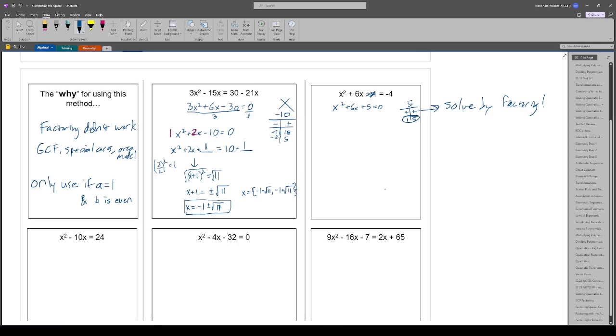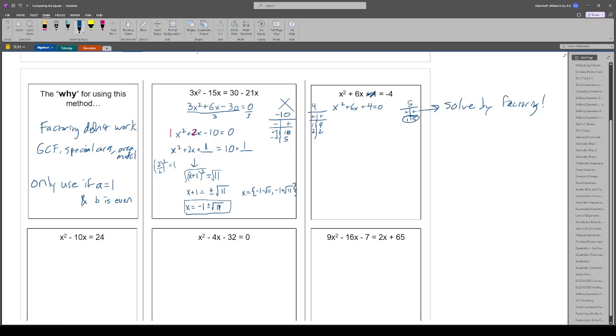So then I have x squared plus 6x plus 4 equals 0. My factors of 4 are both positive, either 1 and 4 or 2 and 2. Neither of those adds up to the 6 that I need in the middle, so this one is not factorable.